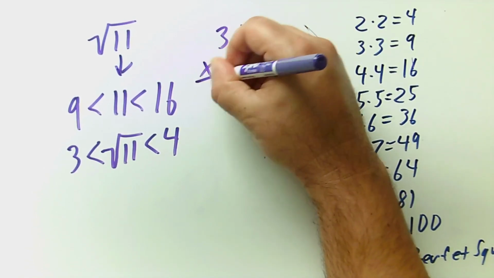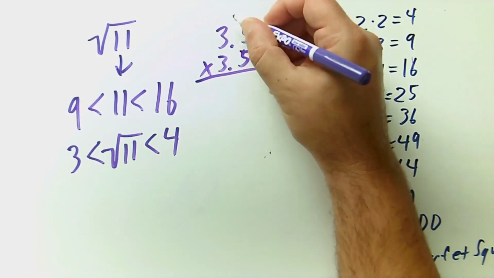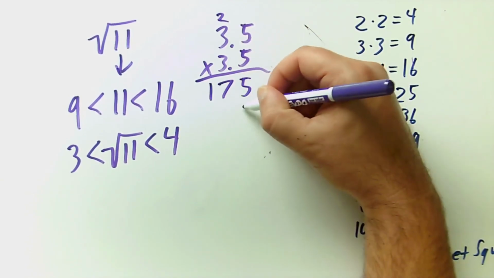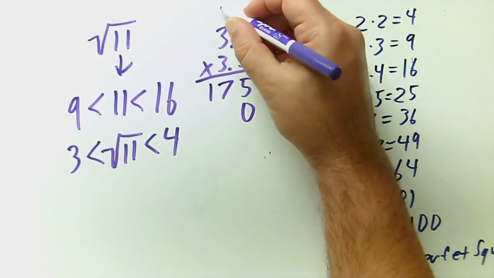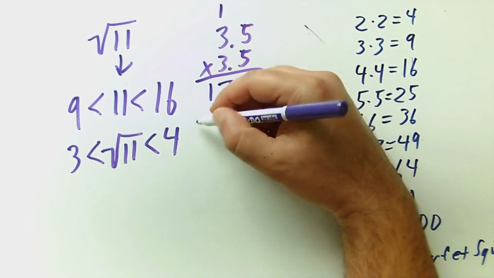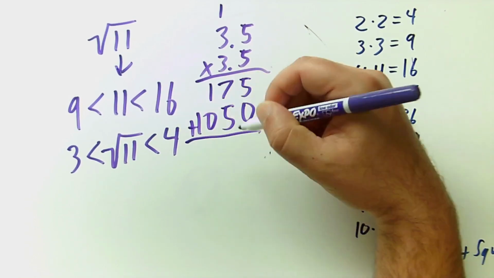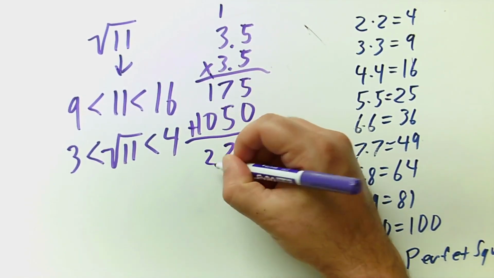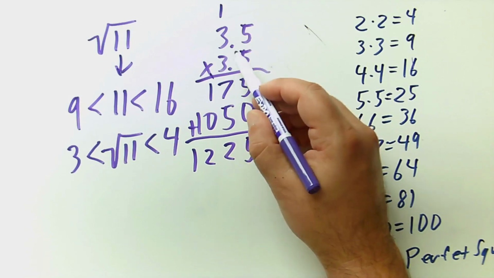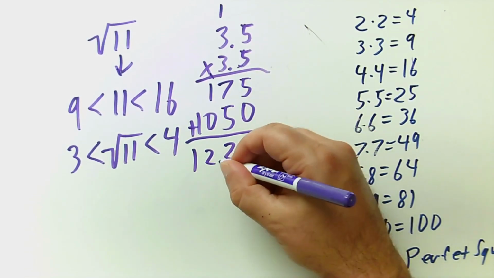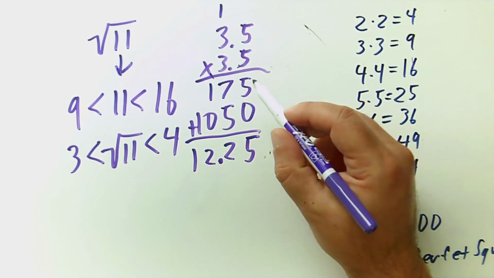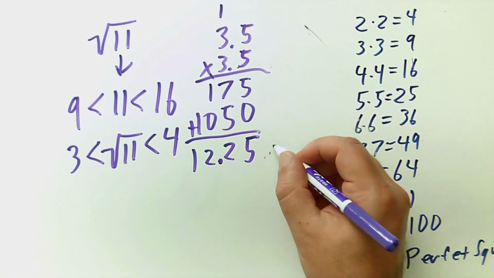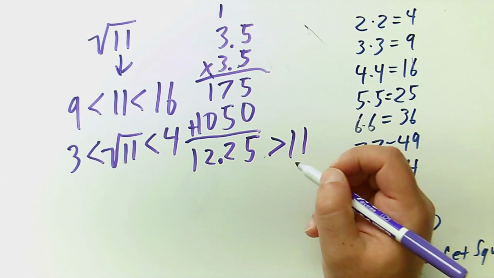So 3.5 times 3.5, we add these, and we have 2 decimal points, so we're going to do 12.25. Alright, so 3.5 times 3.5 is 12.25, which is greater than 11.